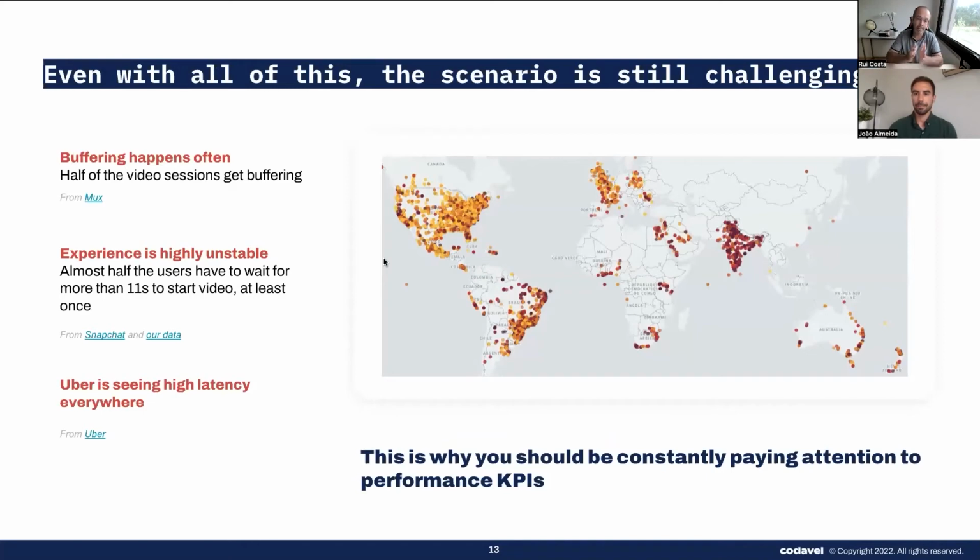So now the bad news: even if you do all of the optimizations that you can, that does not mean that your job is done. Even if you have leading edge CDNs, you're compressing content as much as you can, and you're using the latest versions of HTTP, you still need to be paying careful and constant attention to what's happening with respect to the network calls that your app performs.